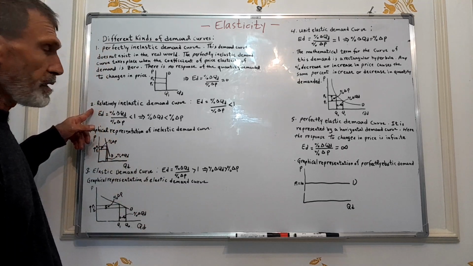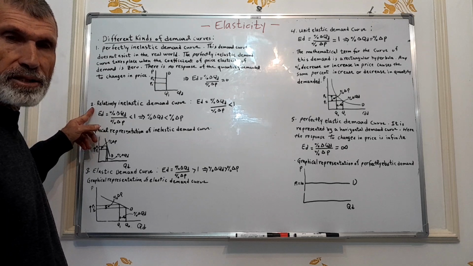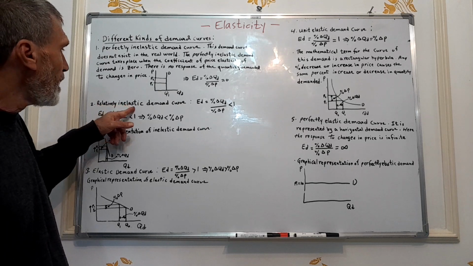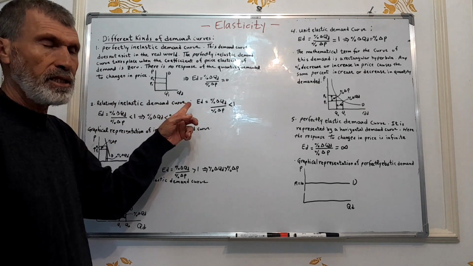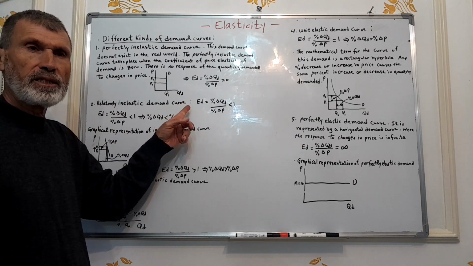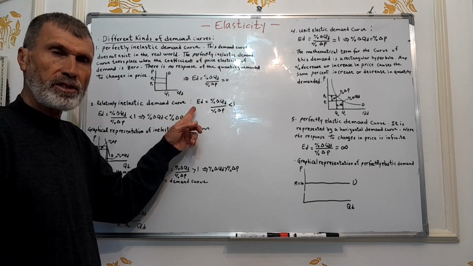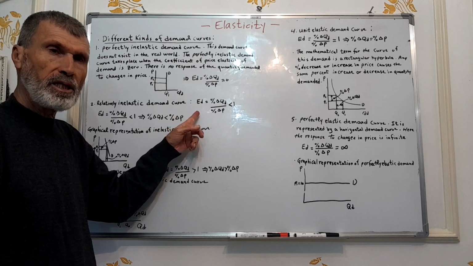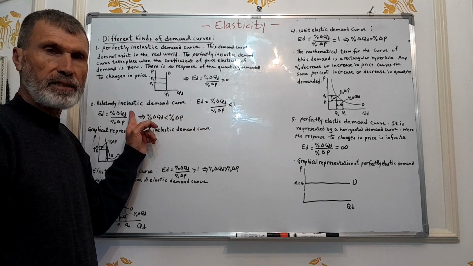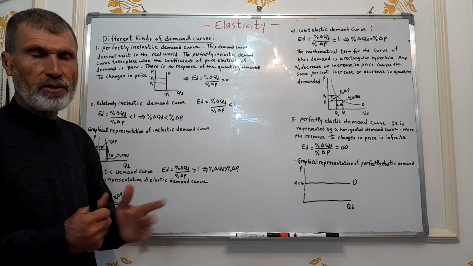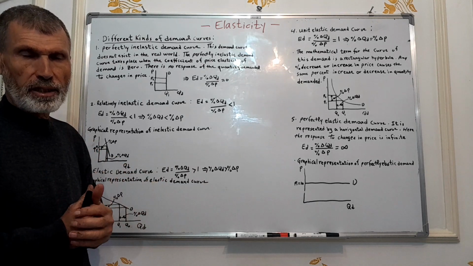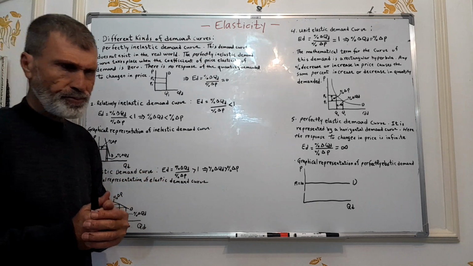So the second type of demand curve is the relatively inelastic demand curve. Of course, the coefficient of the price elasticity of demand of this inelastic demand curve is less than 1. The absolute value is going to be less than 1, or between 0 and 1.